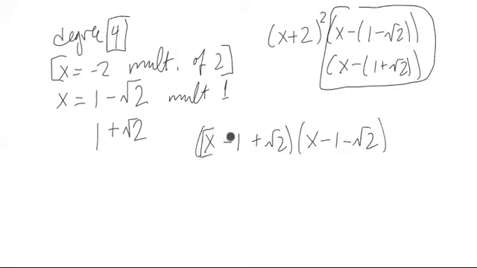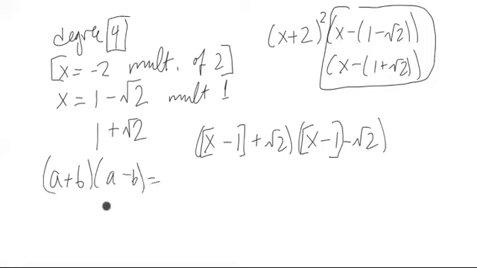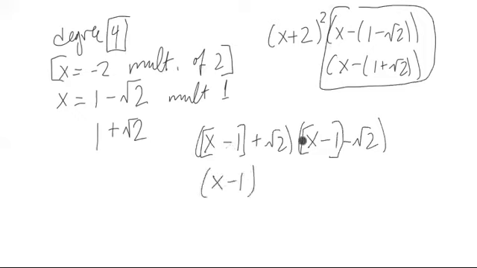Now I'm going to block it like this, and I think this is a difference of 2 squares, like a plus b times a minus b is equal to a squared minus b squared. It's pretty much the same thing. So we can think, when we multiply this out, we'll have x minus 1, and we can FOIL it, and you'd actually do the same thing.